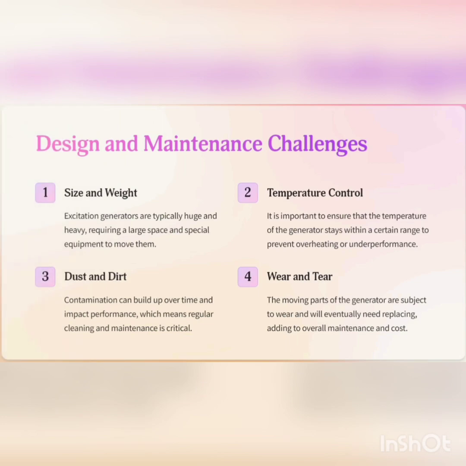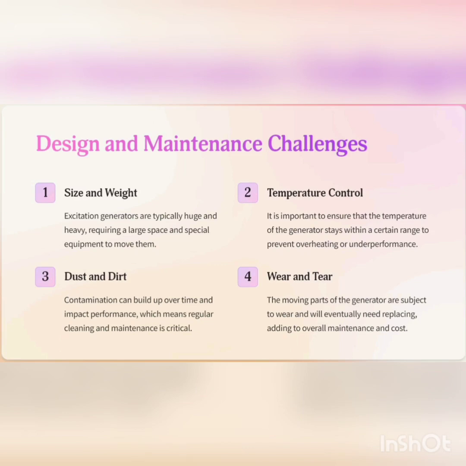My name is Muhammad Ridwan and I will continue the presentation with design and maintenance challenges faced when using excitation generators. There are a few obstacles that we will face. One is the space and weight requirement needed to accommodate the equipment and ventilated areas, so that temperature and airflow will help to prevent overheating.